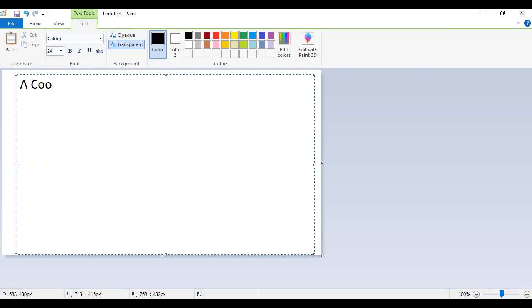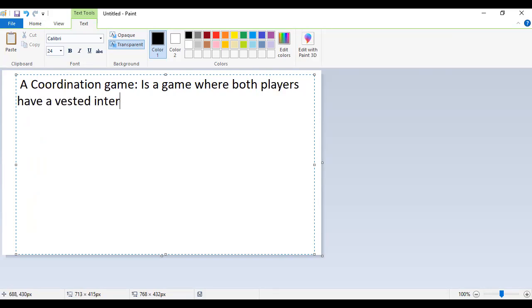A coordination game is a game where both players have a vested interest in doing the same action as the other player. So what this means is that in a coordination game, both people have an interest in doing the exact same thing.